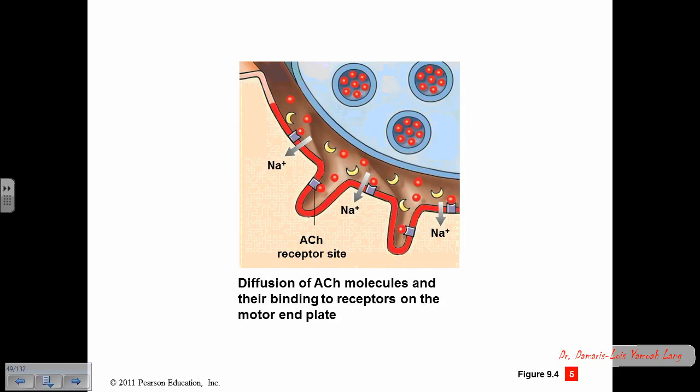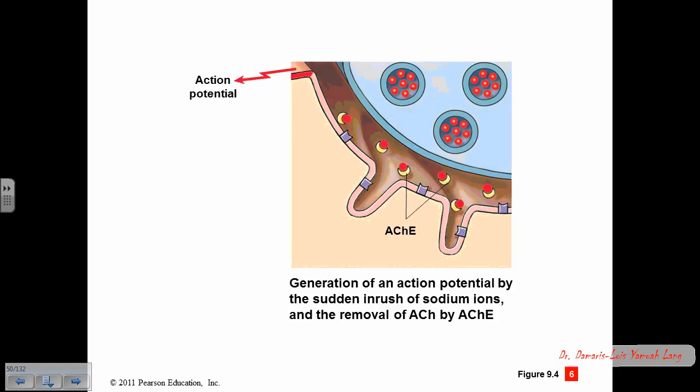And now the neurotransmitters will bind to the receptors, and also cause sodium channels to open to allow sodium to enter the muscle. Capiche? And then the acetylcholinesterase will destroy the excess neurotransmitters, while the ones that are attached will allow what? Sodium to enter to bring about action potential impulse.